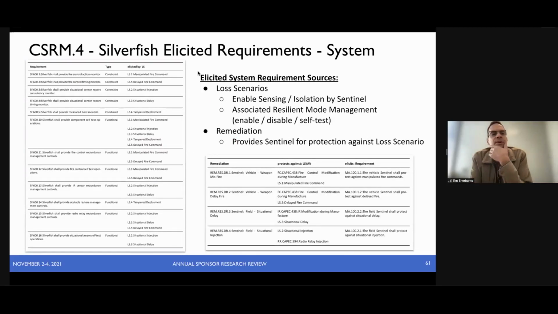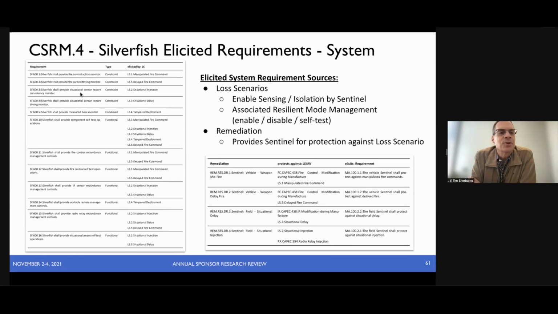So to start with, on the left here, we have a set of system constraints. Again, if the Sentinel is going to be able to monitor the system for illogical behavior, there needs to be, and these are maybe high level requirements, for the manipulated fire command, some way of monitoring the fire control actions.